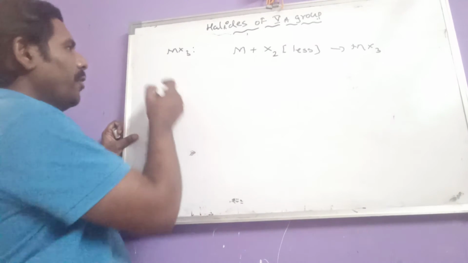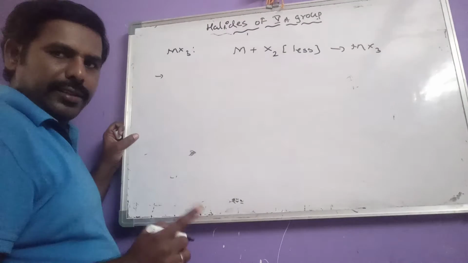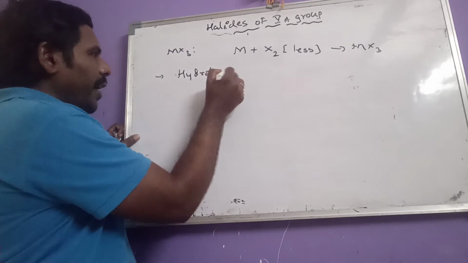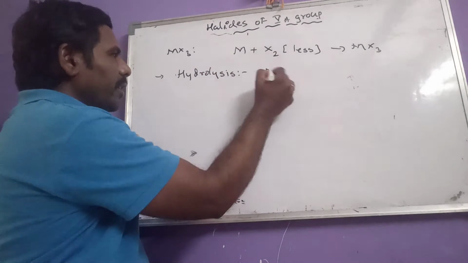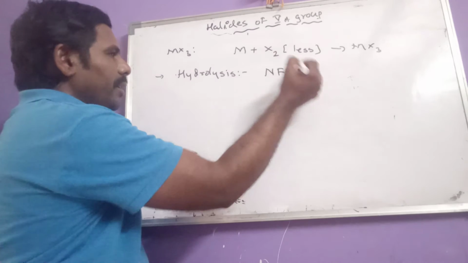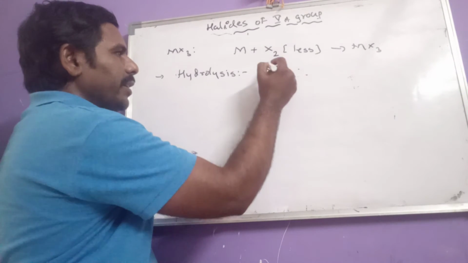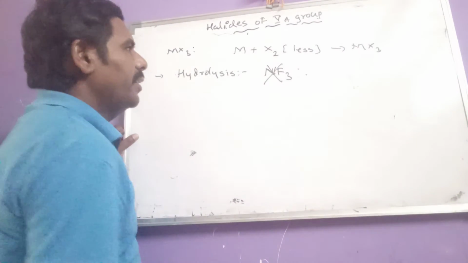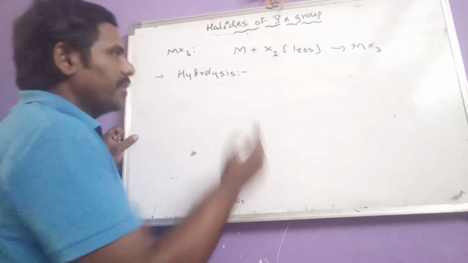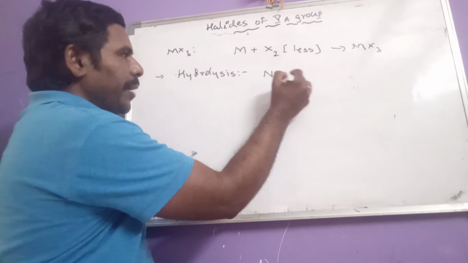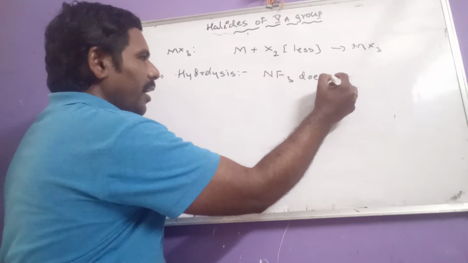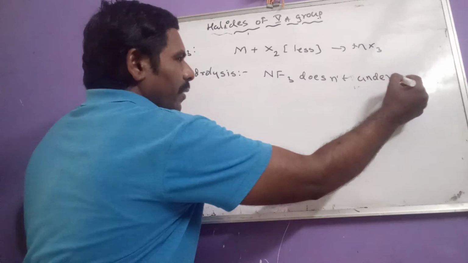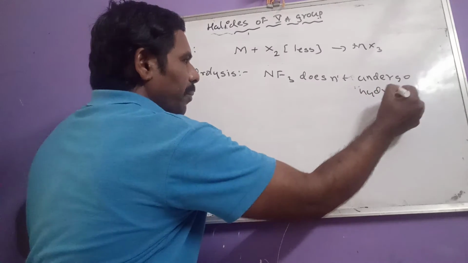First of all, come to the hydrolysis. In case of hydrolysis, some important facts we have to remember. First one is NF3 does not undergo hydrolysis. Why? In NF3, both nitrogen and fluorine do not have vacant d orbitals.